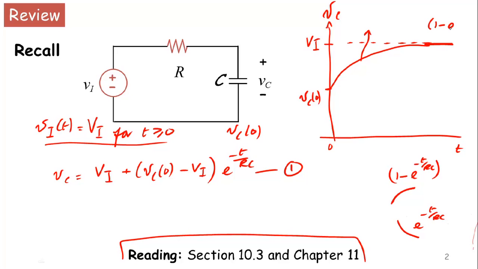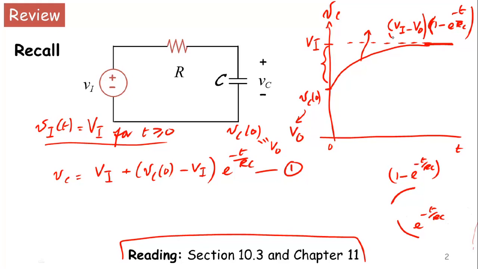Intuitively this rising form was governed by the following equation. Recall I said this was the form e to the minus t over RC, so I write that down there. And then we said let's take this difference, and that is the difference over which the capacitor voltage is going to increase. So that difference is Vi minus V of 0, let me call the initial condition on the capacitor V of 0 just for convenience, a bit of a shorthand notation.